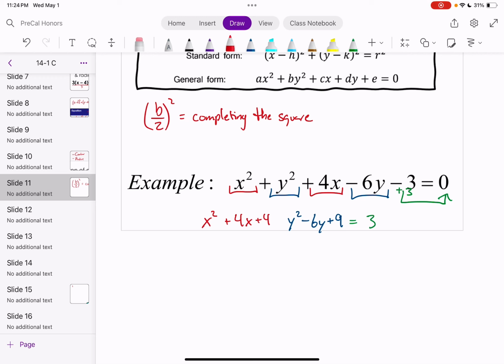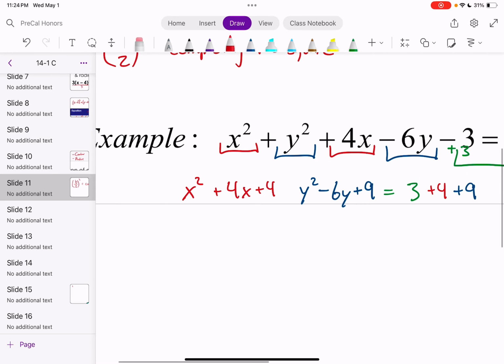Now every time that we do completing the square, whatever you add to the left, you are going to have to add to the right side as well. So we did add 4 and we did add 9. You're going to break apart these polynomials into factors. This would be x plus 2, x plus 2. This would be y minus 3, y minus 3.